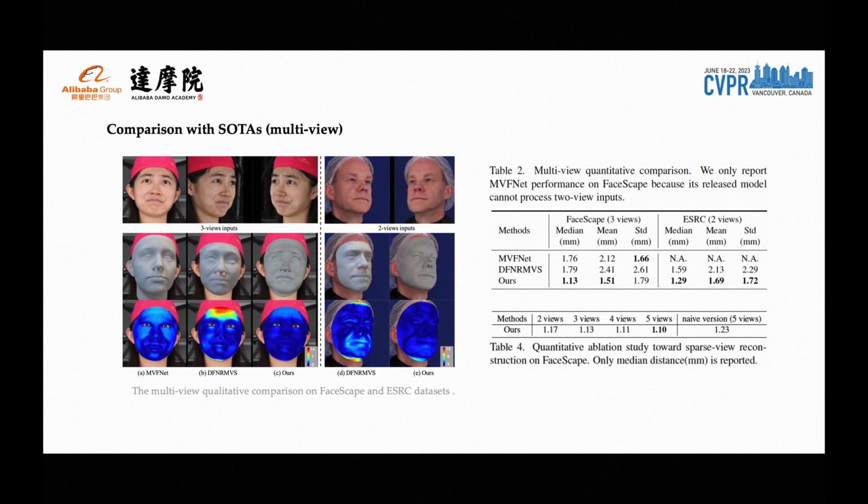In the multi-view scenario, we test the performance of DFNRMVS, MVFNet and the proposed model given 3-view or 2-view images from FaceScape and ESRC datasets. As illustrated in the figure, our model outperforms the other two methods in terms of fidelity, details and geometry accuracy, proving that our framework can be well generalized to both single-view and multi-view tasks.